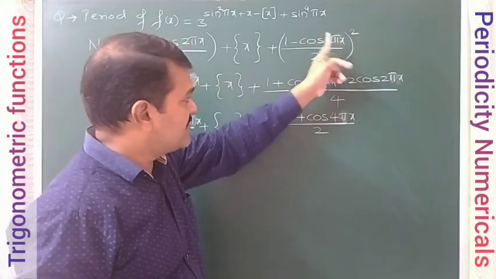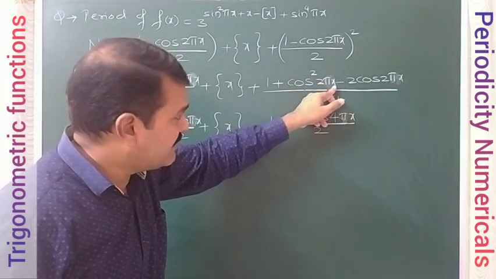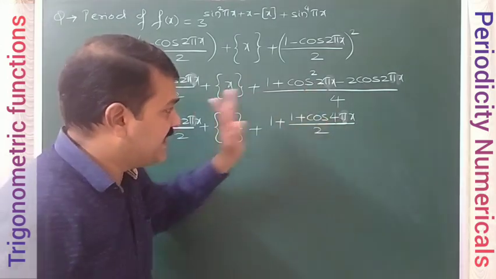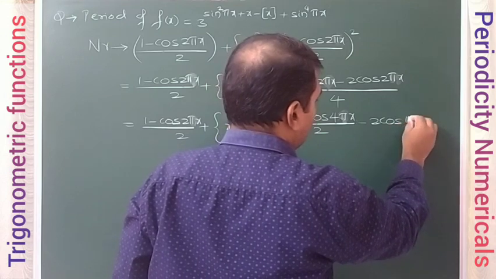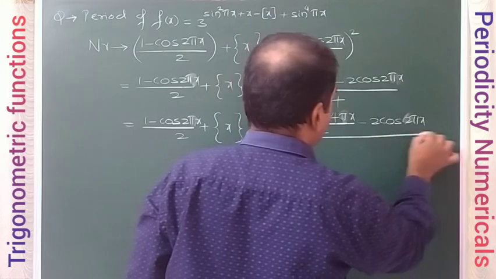The remaining part is the same: 1 minus 2 cos 2 pi x by 4.